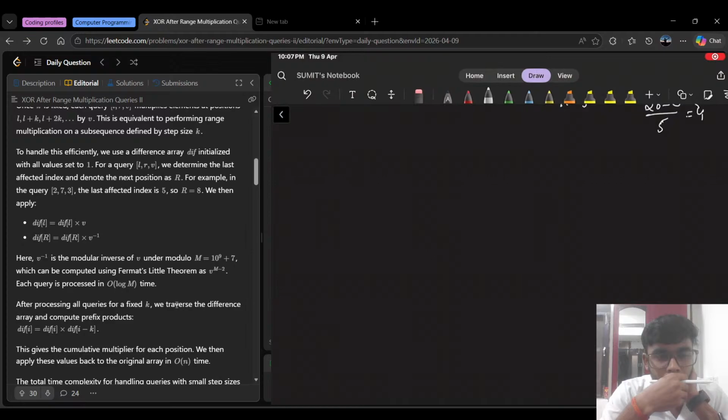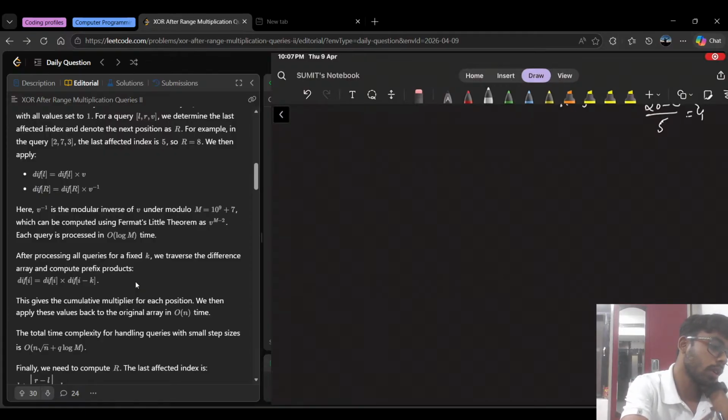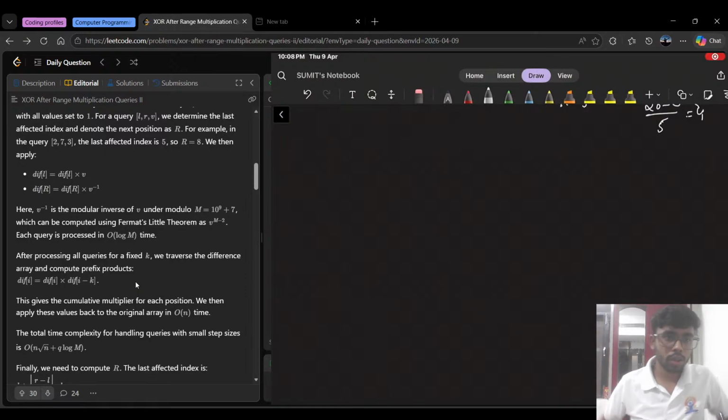What is this part? So difference I is equal to difference I times difference I minus k.